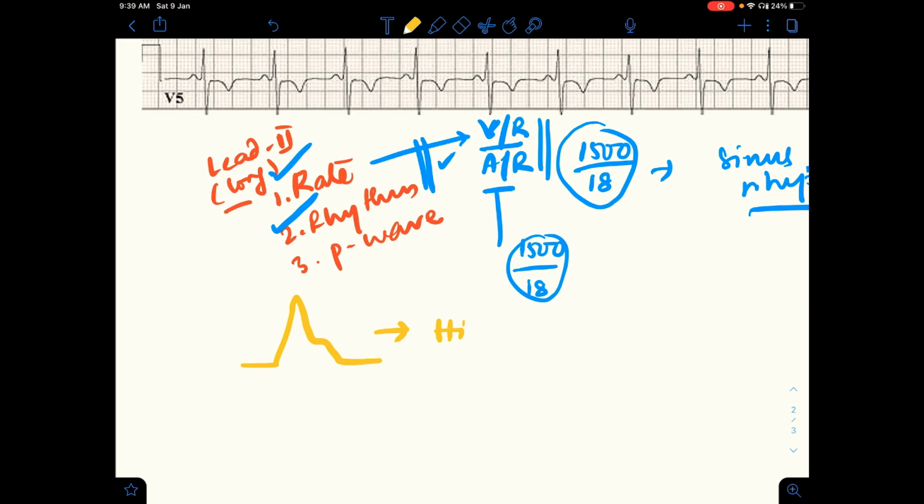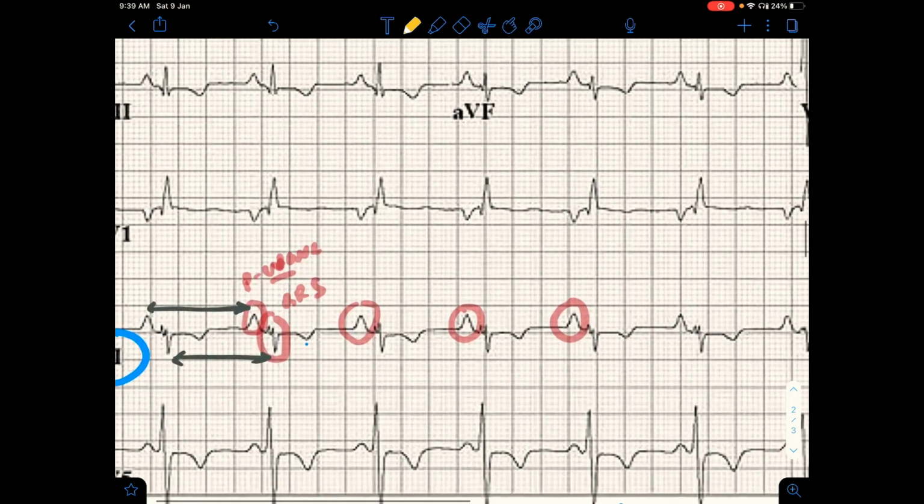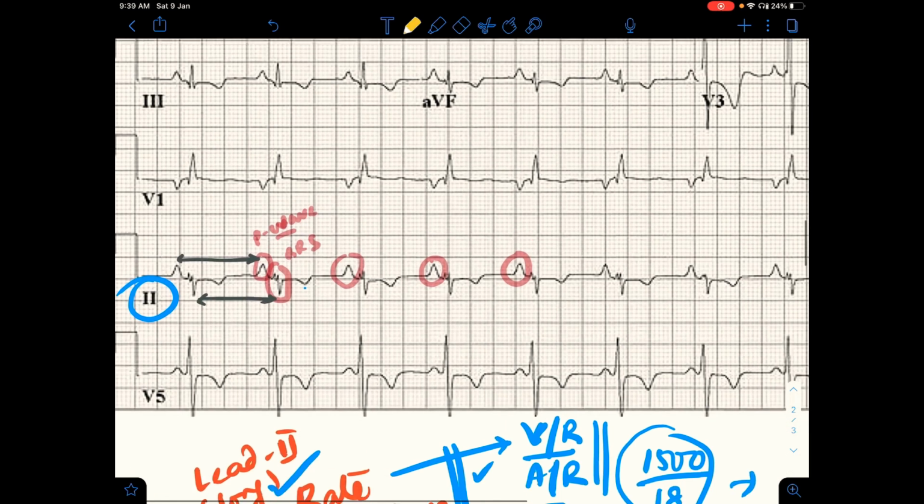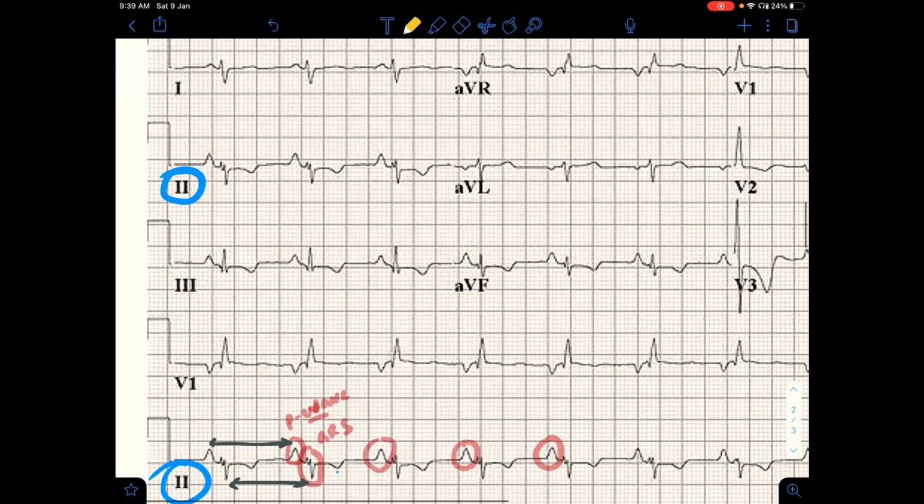This is the Himalayan P wave. Again coming to lead 2, this is the Himalayan P wave. As you can see, it goes around 5 millimeters. So this is the Himalayan P wave, or you can also say it's a P pulmonale.